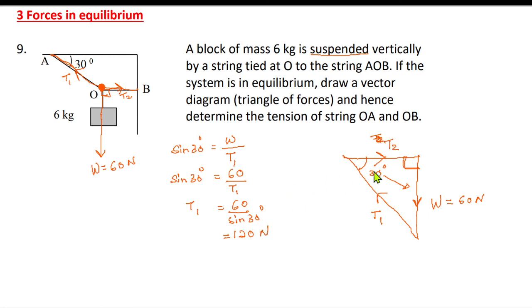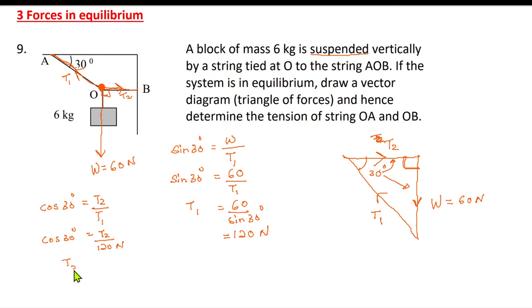Okay, how do I find my T2? Well, T2 is adjacent to the angle. So adjacent, we are going to use our cos theta. So maybe I just write here. Okay, so cos of 30 degree equals our T2 divided by our T1. So I have here cos of 30 degree equals T2 over T1, and T1 we have just calculated as 120 Newton.